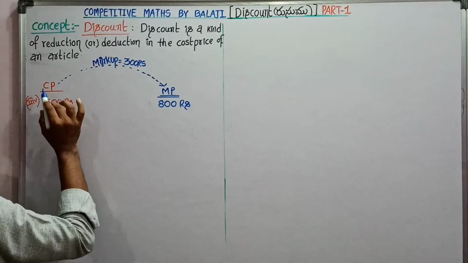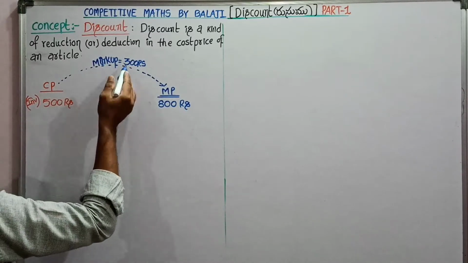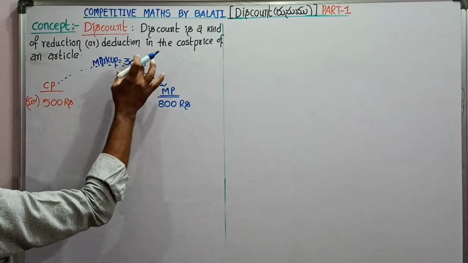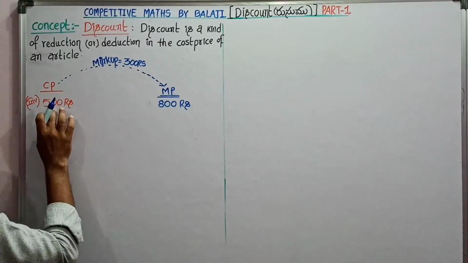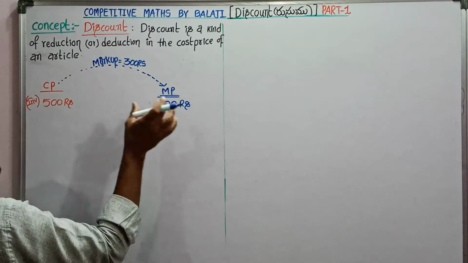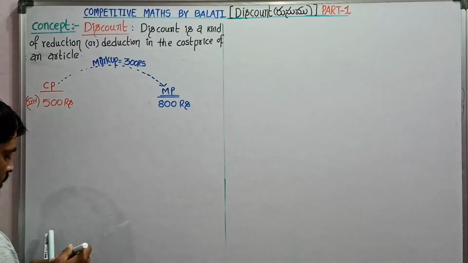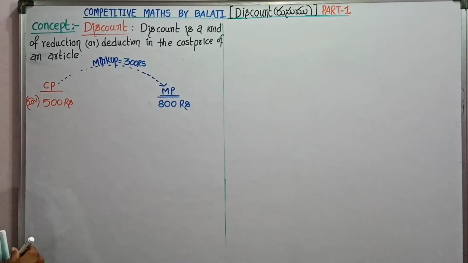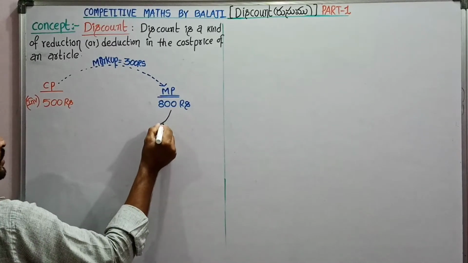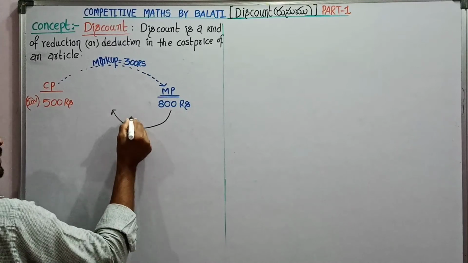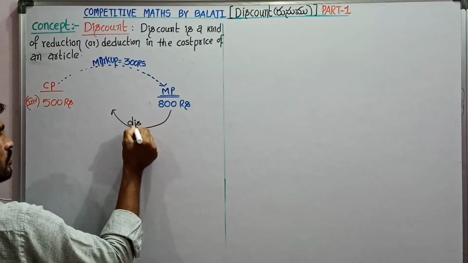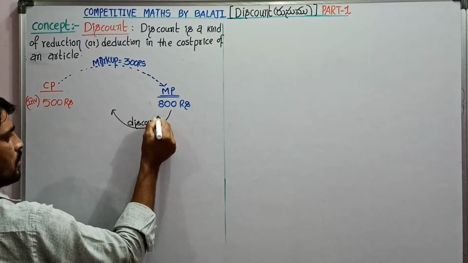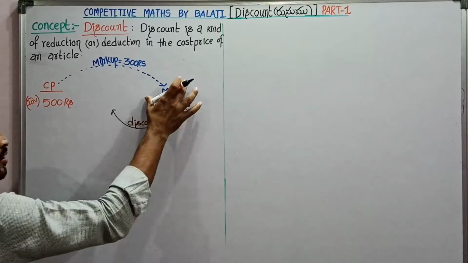That is, the company marks up some more amount on cost price, say 300 rupees. So marked price is cost price plus markup, that is 800. And then he allows some discount on market price.